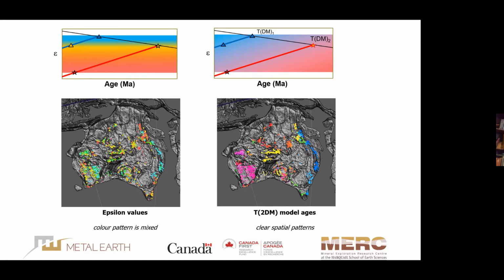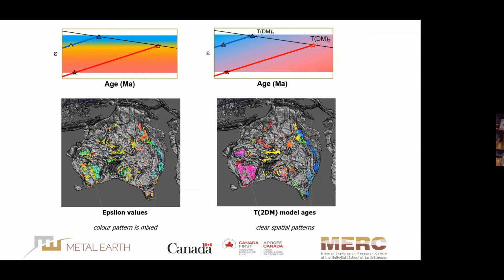If we color according to epsilon, symbolized by epsilon, then those two yellow symbols would end up with the same color, and one sees some of the scatter one sees in the general Australian data. Whereas if we plot T2DMs, we tend to see through this. We can still go into it in more detail and look for localized variations, but the general patterns are far more consistent with what is really being reworked versus what is more juvenile.